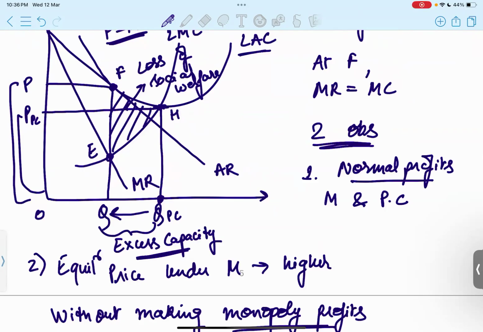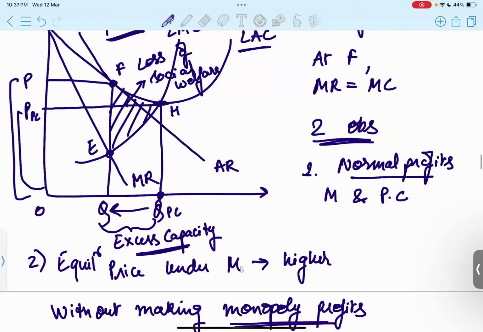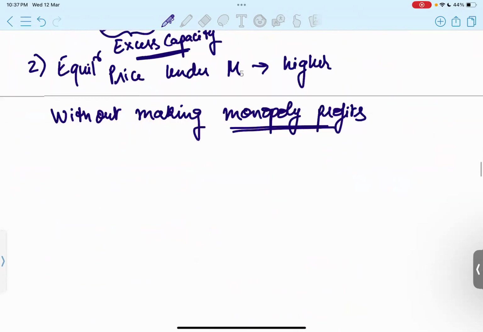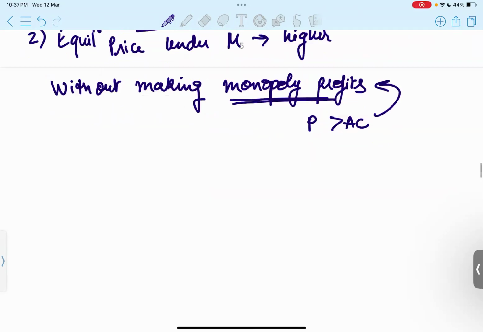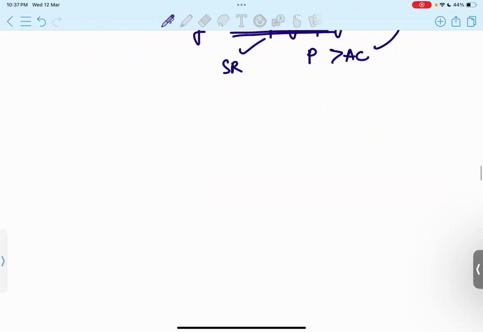So if you're charging a higher price, the tendency to make profits increases, but it is still not being able to make the monopoly profits at this level, because the equilibrium condition is at the tangency. Price is not higher than the average cost. If it would have been higher than the average cost, then it would make monopoly profits. But this is possible only in the short run and not in the long run under monopolistic competition.